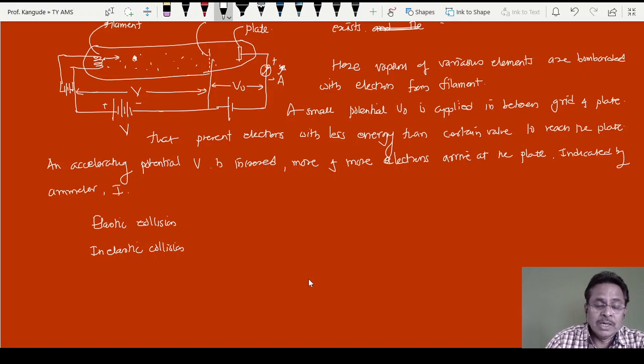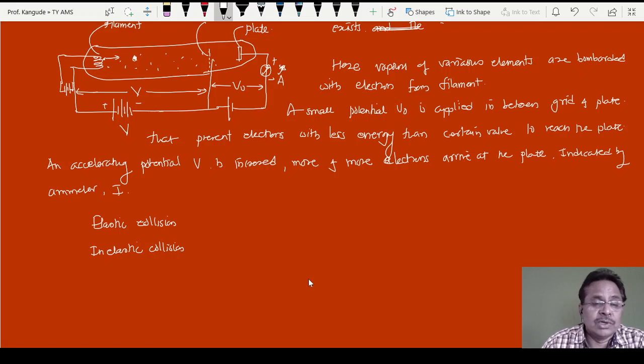That means the energy transfer of these electrons is not much. So most of the electrons, even though they have some interactions, some small excitation of the gas atoms found there, almost all electrons reach through the grid to the plate as I go on increasing this accelerating potential.